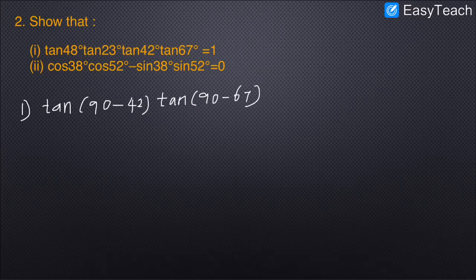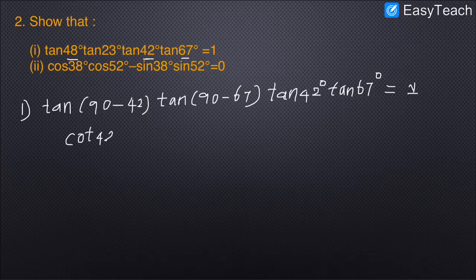And tan 90 minus 42 is cot 42, because tan 90 minus theta is cot theta. So here also tan 90 minus 67 is cot 67. In between we have a cross, all are in multiplication, right? Otherwise you put a dot. So here also tan 42 I write as it is, and tan 67.